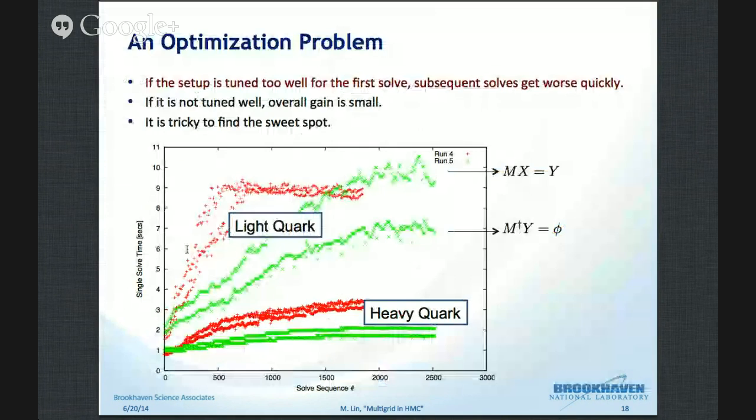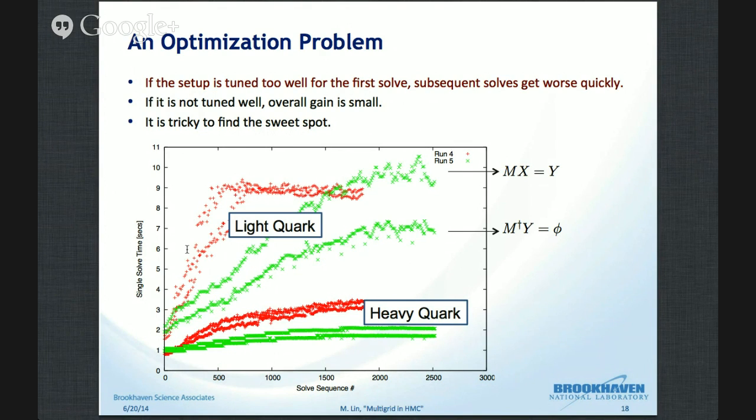Yes. So there are some other things that I'd like to show. It's quite interesting. This is comparing run 4 and run 5 for the single solve time as a solve sequence. There are the light quark solves and the heavy quark solves. The red ones are run 4, the green ones are run 5.